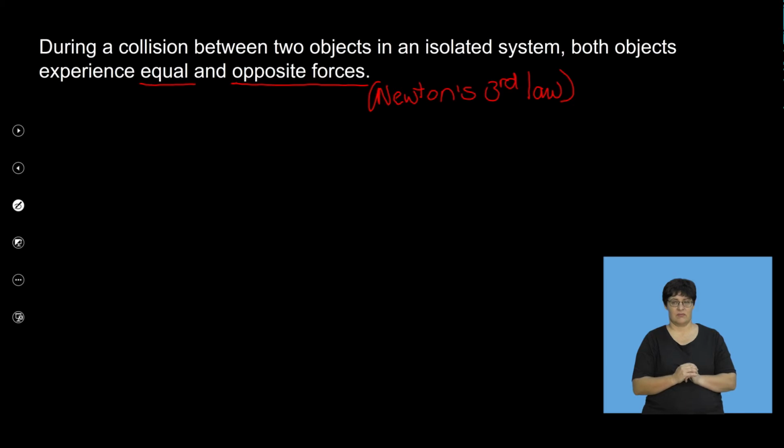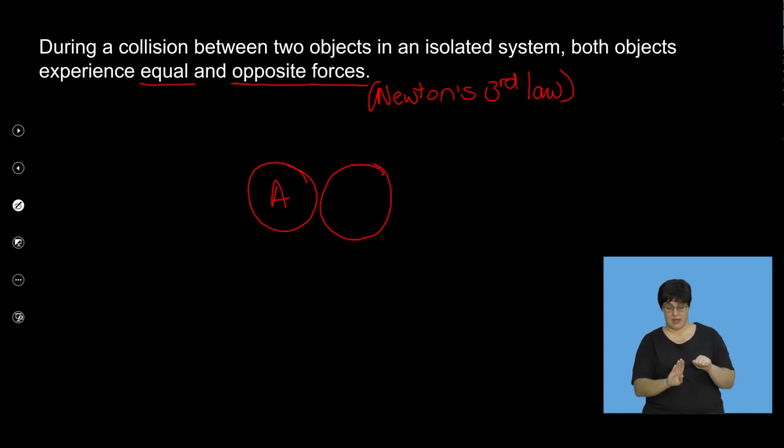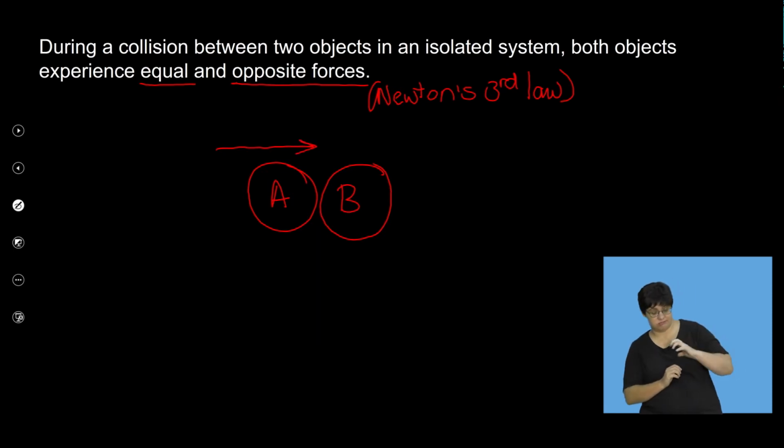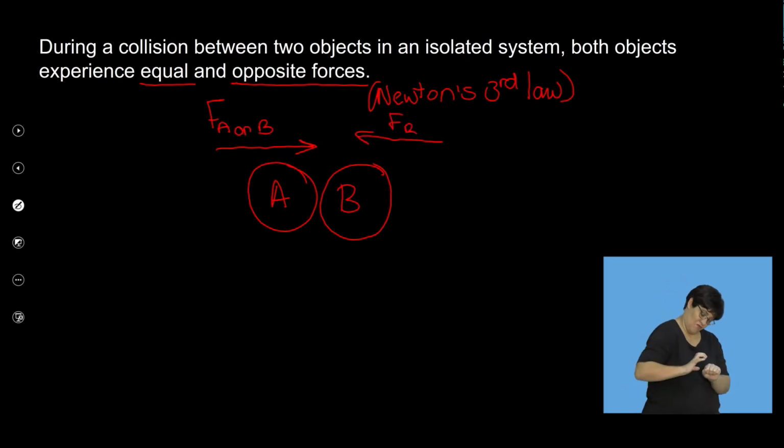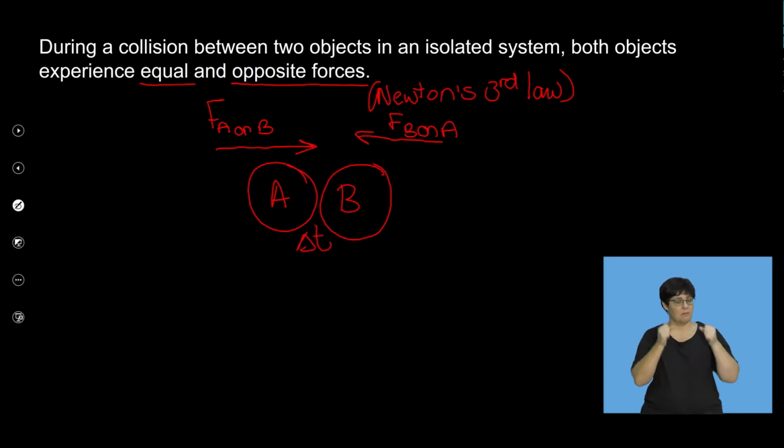Okay, this is what I'm trying to get. So, if I have an object here, and I have an object here, let's call this A, let's call this B. A pushes on B, so this is the force of A on B. B experiences a force on A. Okay, they are both in contact for the same amount of time.